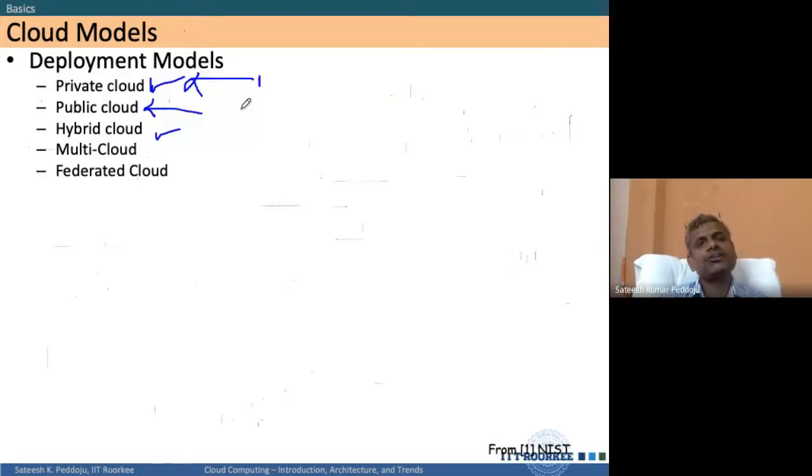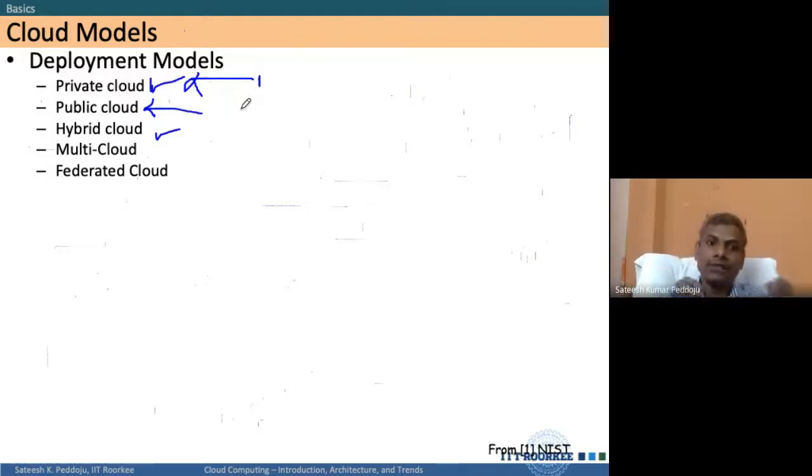And it is also possible that, I'll give an example. If you check your mobile device, you install Facebook, you install Twitter, you install your WhatsApp, like so many social media, as well as Gmail, email services, right? All these apps more or less are having some sort of backend in the cloud. So cloud in the backend. Okay.